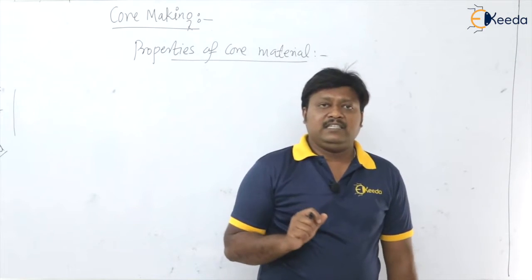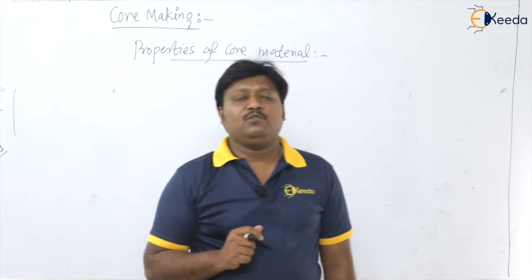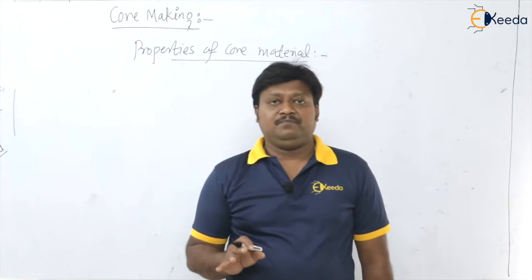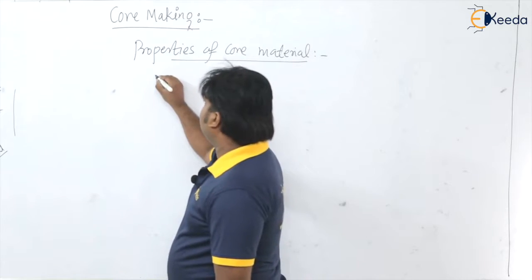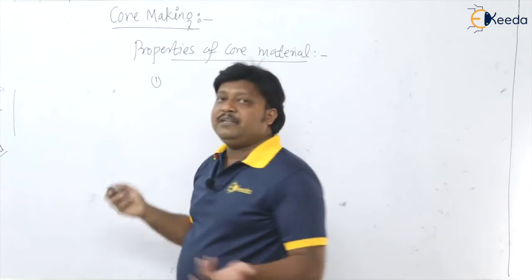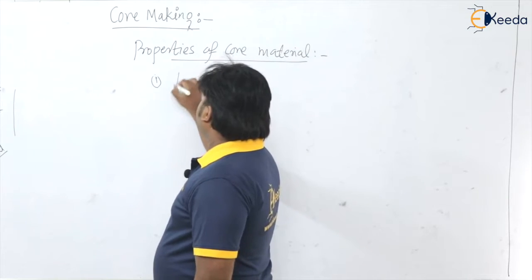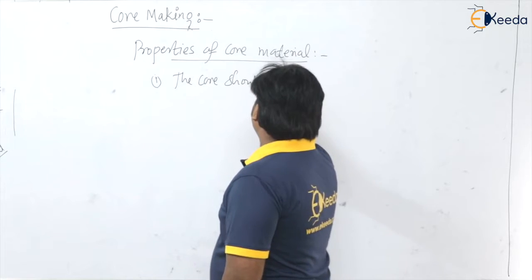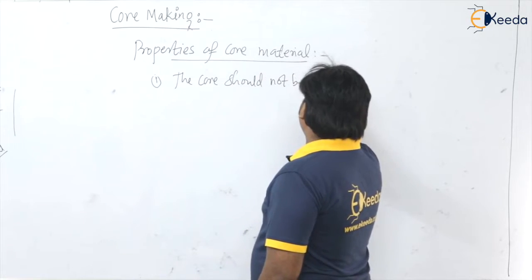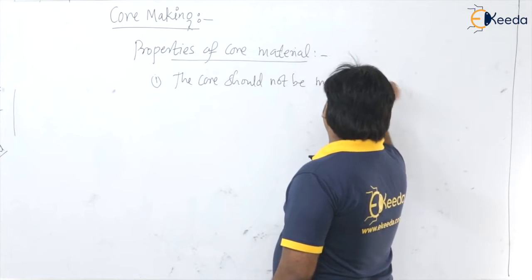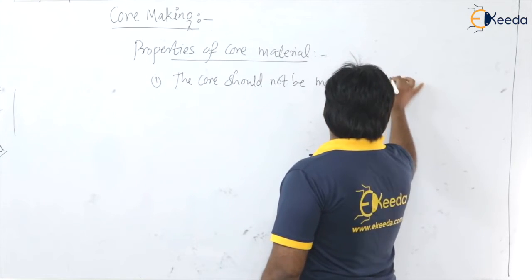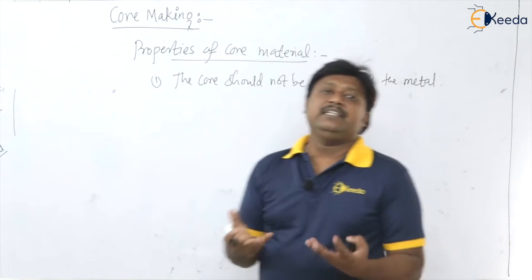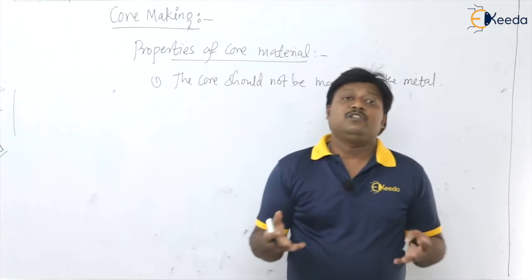For that reason, the very first important property is that the core material should not be metal. The core should not be made of metal. What will happen? It will become an integral part of the casting if you use metal.